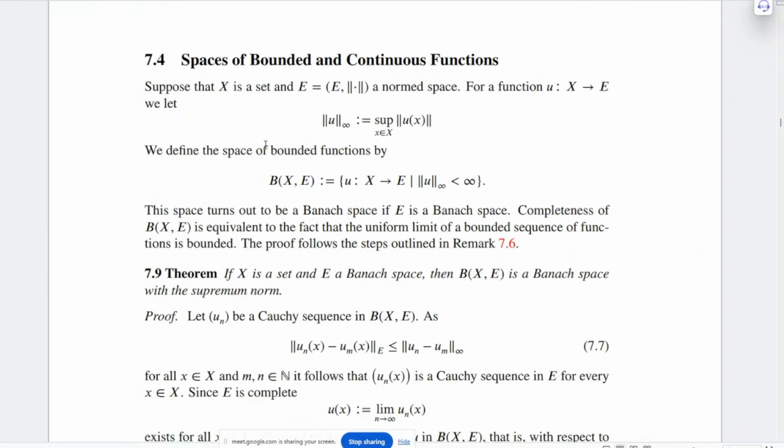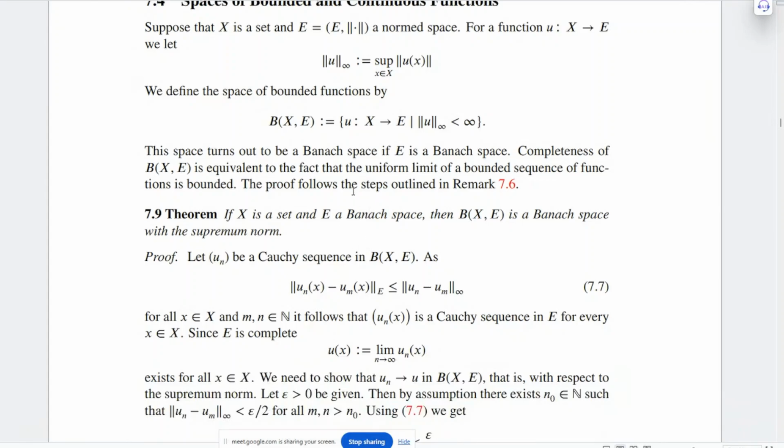Then we define the space of bounded functions by B(X,E), B for bounded, X for its domain, and E for the range. So u is a map from X to E, and the norm of u infinity is bounded. Why do you need E to be a normed space? You are using the norm here. That's why you need this.